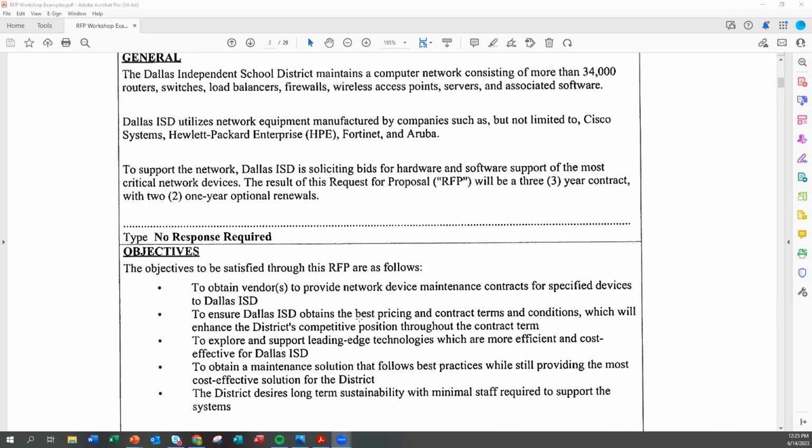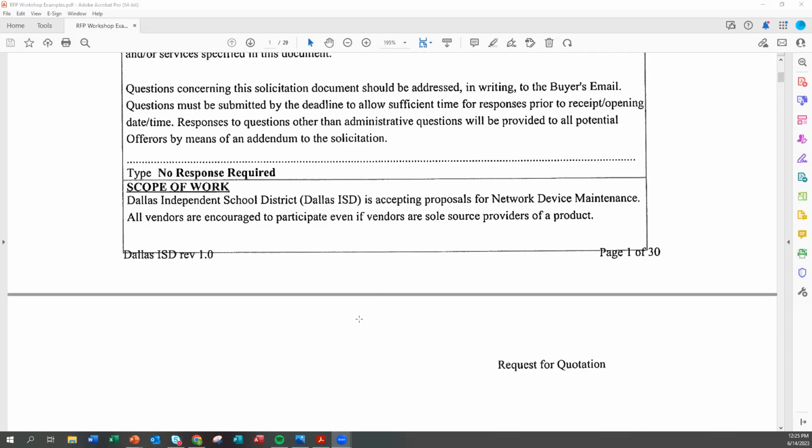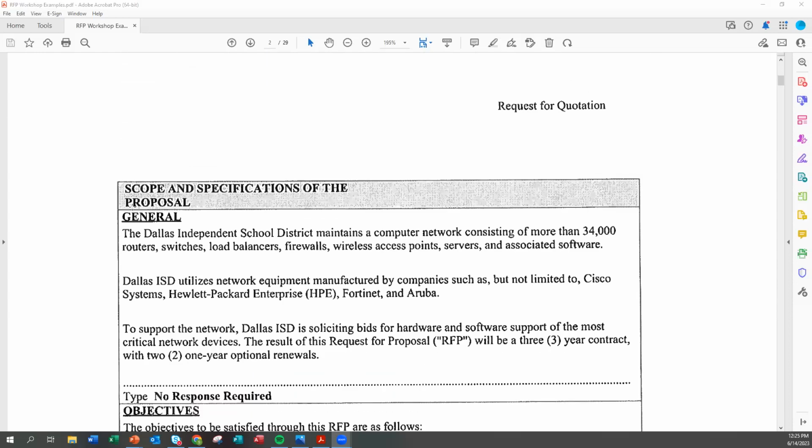And so what I'm going to do is go back up. Right in the beginning of this particular RFP, they're saying, hey, we're accepting proposals for network device maintenance. All vendors are encouraged to participate, even if vendors are sole source providers of a product.